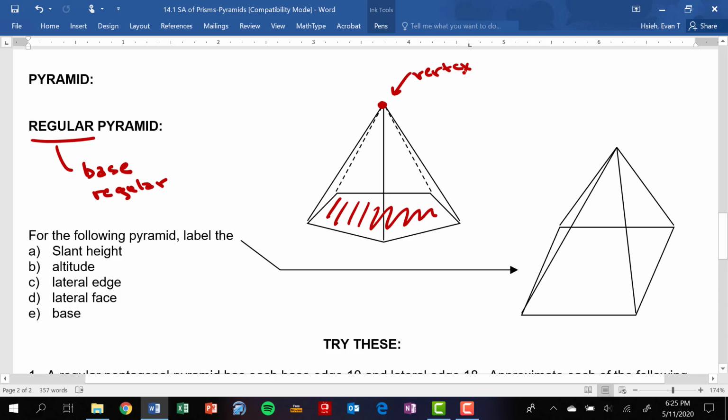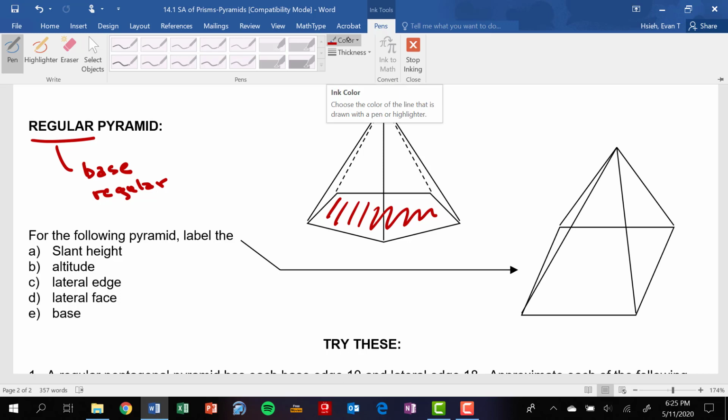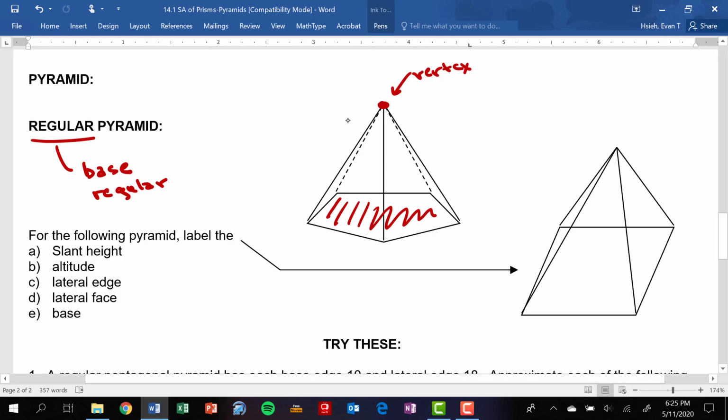Okay, and in the case of what we're doing in this particular book, in this chapter, these are going to be right pyramids, so this is going to be standing straight up and down. It's not going to be a crooked pyramid. Taking a look at some little definitions here, just so that we can move forward together. This here is a slant height.